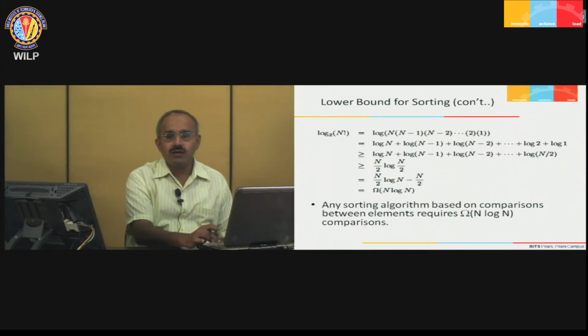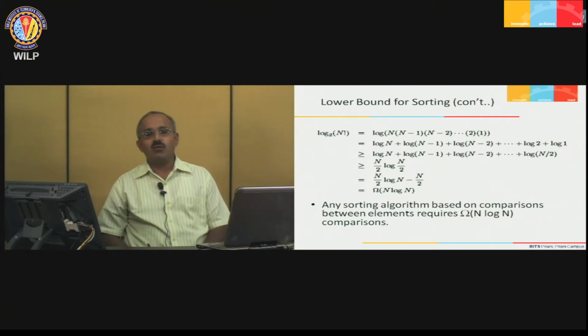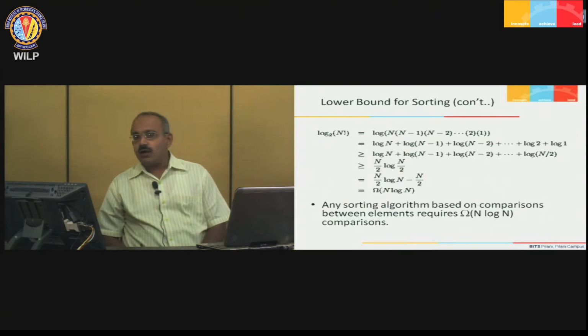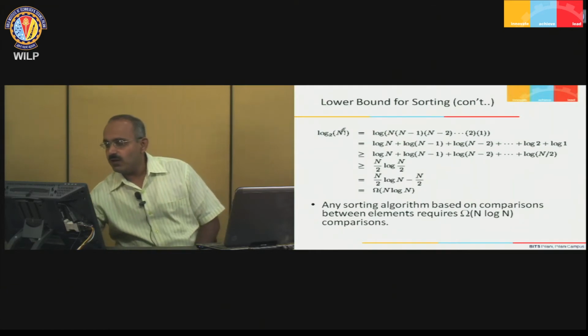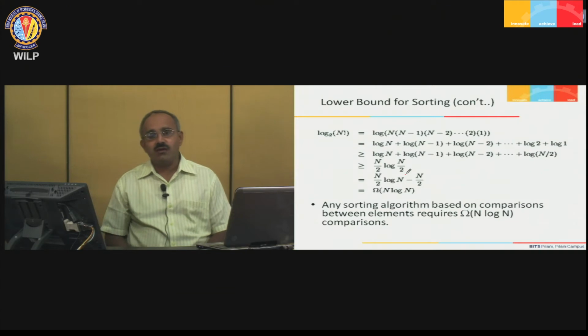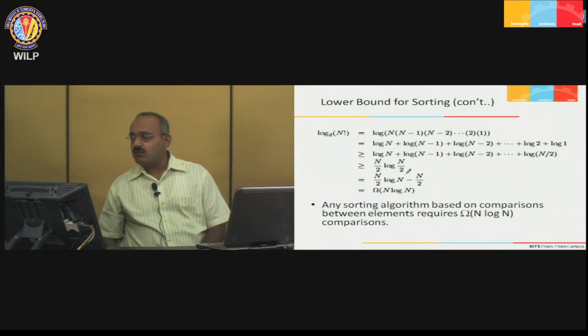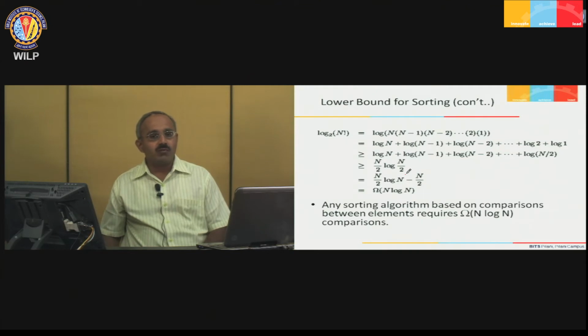Now, let us look at log n factorial and see how to get the order notation for it. We know n factorial can be written as n into n minus 1 down to 2. Then we can use the properties of log. We know log of a into b is log a plus log b.